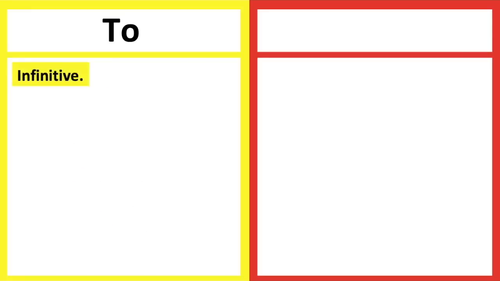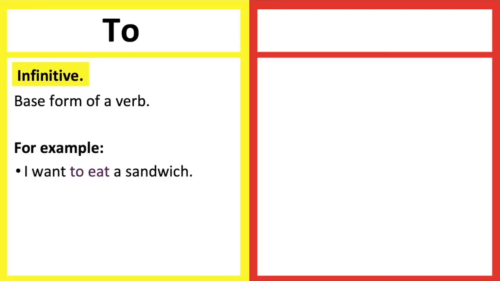An infinitive is the basic form of a verb. The infinitive form of a verb is usually preceded by to. For example, to eat, to drink, to run, to walk, etc. For example, I want to eat a sandwich.